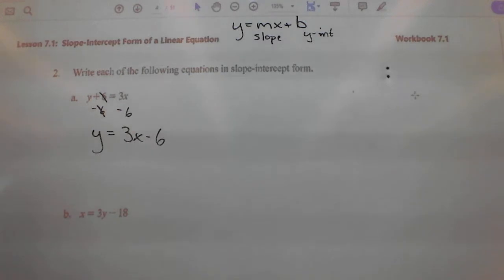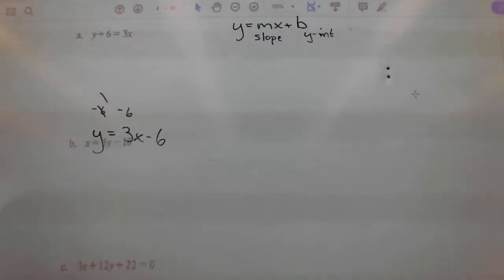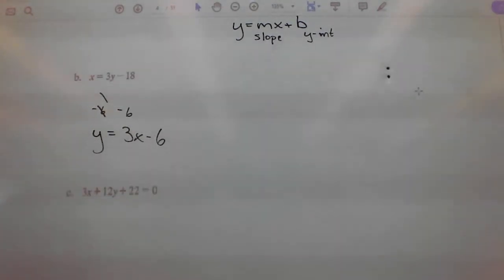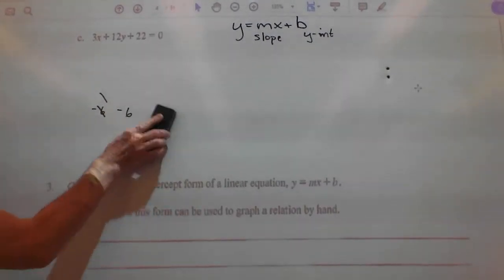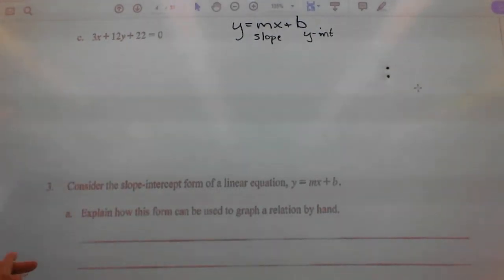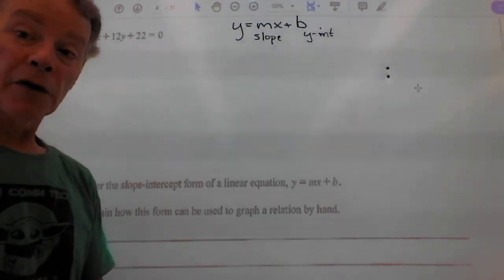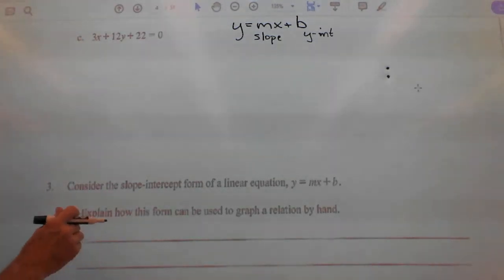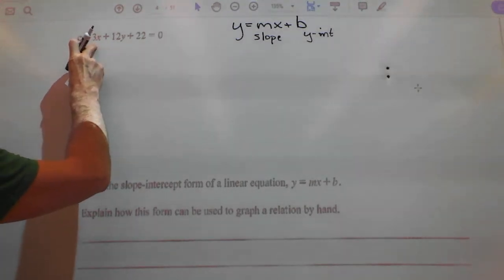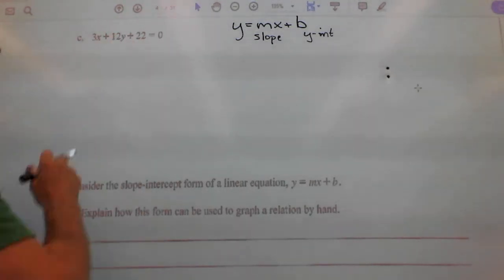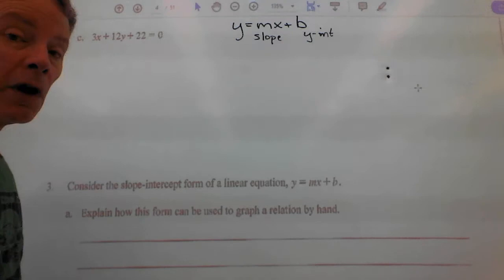For the next one, we'll skip the next one. We'll do C. So for C, again, we have to get y all by itself. It's just there's a little more work to do, right? Because there's more stuff. So we have to get rid of the 22, and we have to get rid of the 3x. Both of those involve subtraction, so we can do it all in one step.